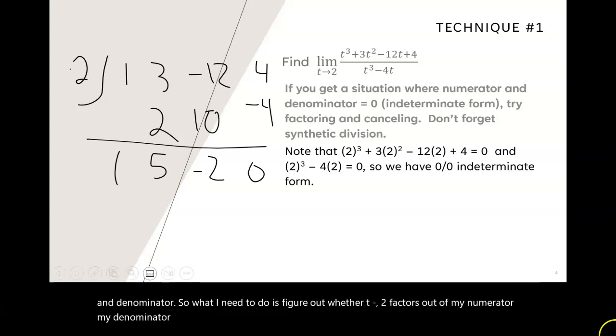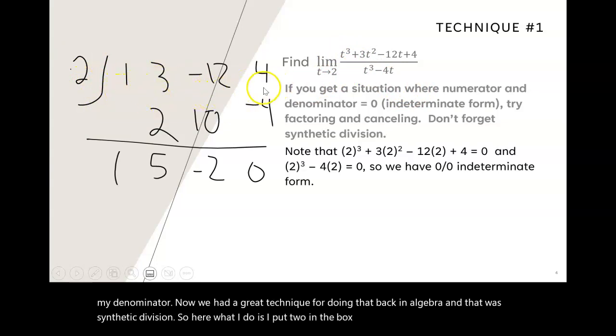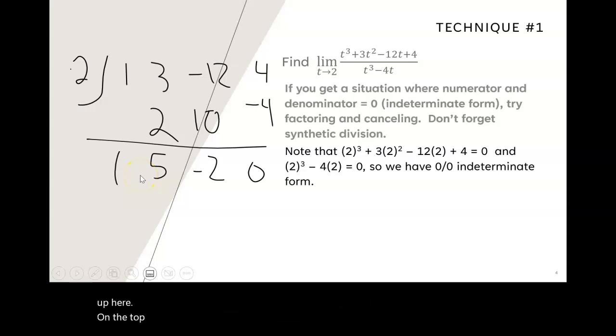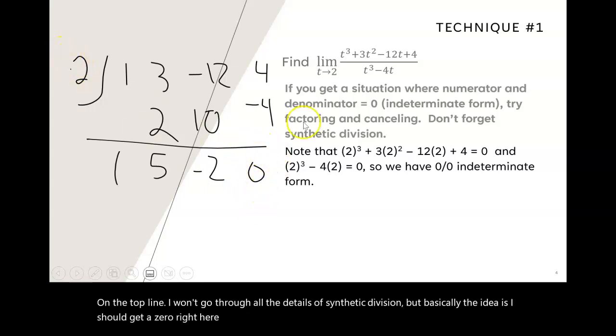Now, we had a great technique for doing that back in algebra, and that was synthetic division. So here what I do is I put 2 in the box, and I put all of my coefficients up here on the top line. I won't go through all the details of synthetic division, but basically the idea is I should get a 0 right here if 2 is a 0 for my cubic on the numerator, and I will get what I call my depressed polynomial.